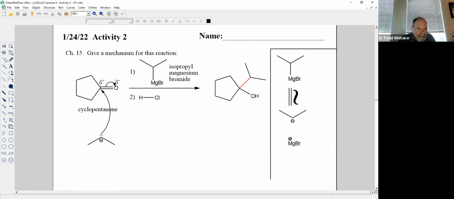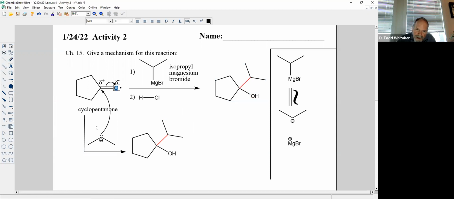That's how easy it is. So we're going to do a reaction arrow here. Leads to something that looks almost like this, except the O doesn't have an H on it yet.